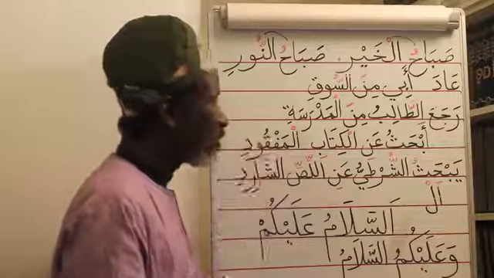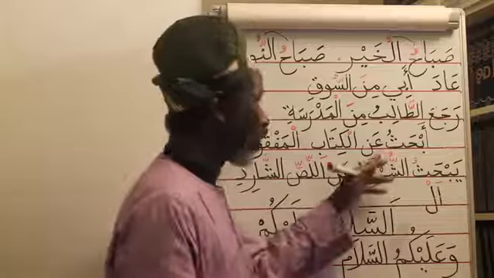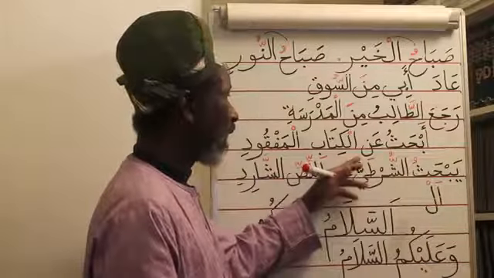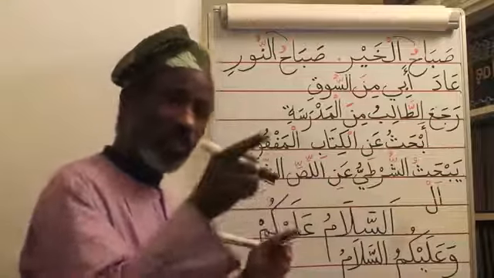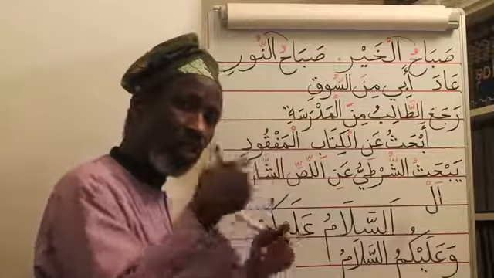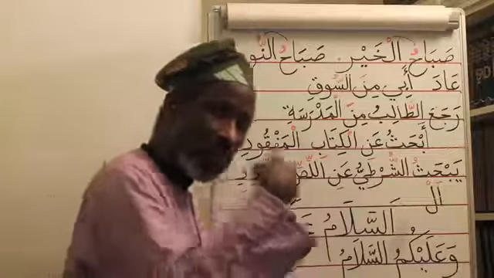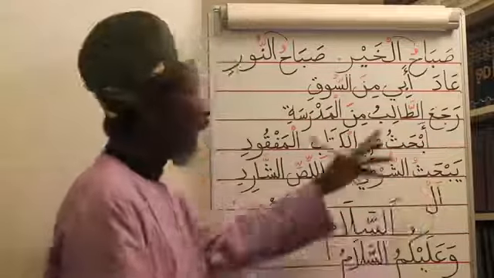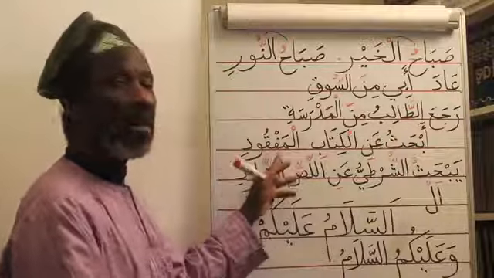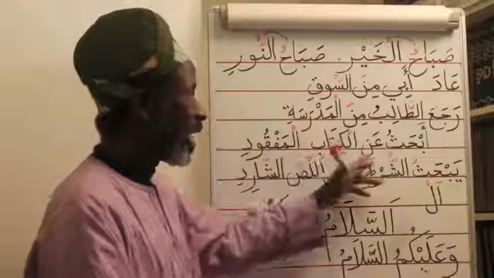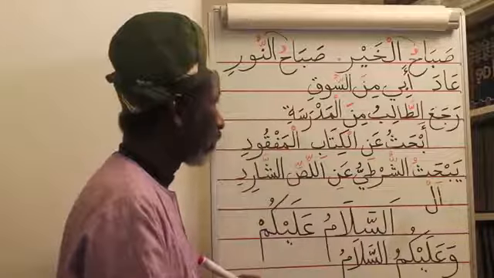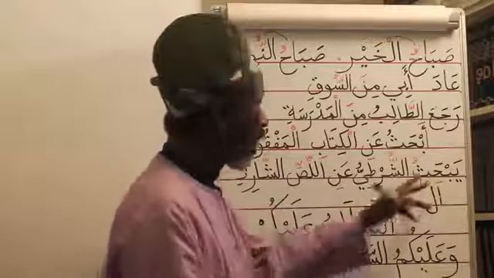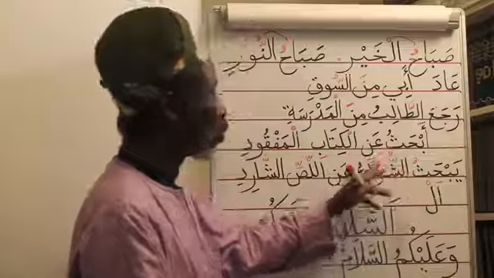So don't read by saying abhathu an al kitab al mafqud. You need to read, connect, read ahead, join them, so that will give you a smooth reading. أبحث عن الكتاب المفقود.